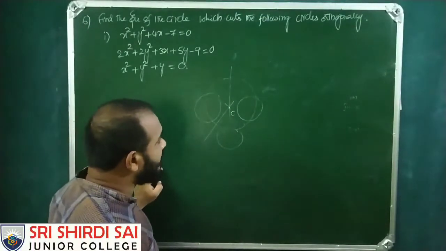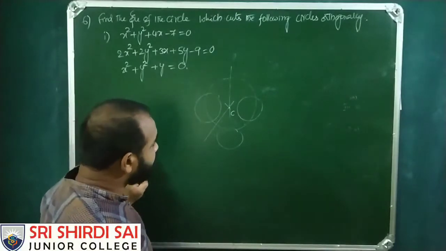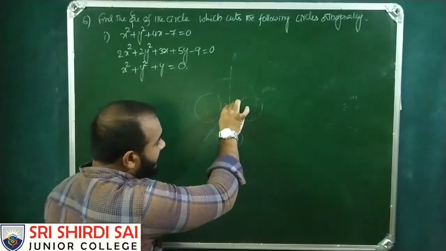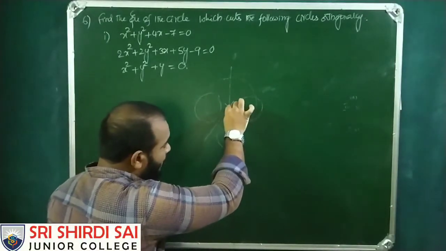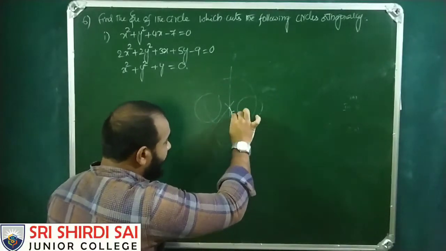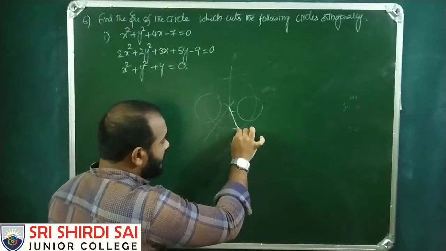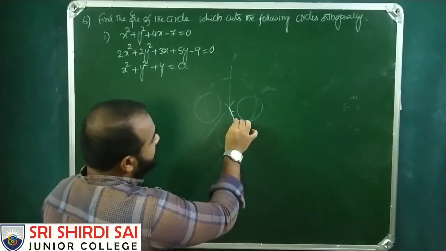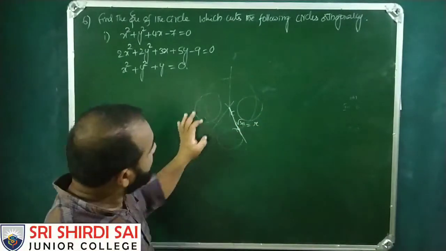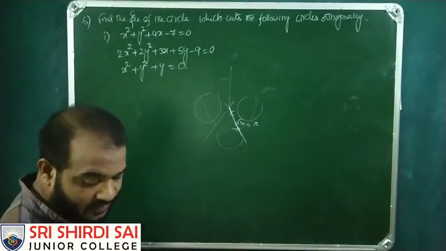Radius is nothing but the length of the tangent drawn from the center of this circle, that is the radical center, to any of the three circles. Let us suppose I have taken this circle, so this is root S11. This root S11 is nothing but the radius of the required circle. In this fashion we will solve this problem.